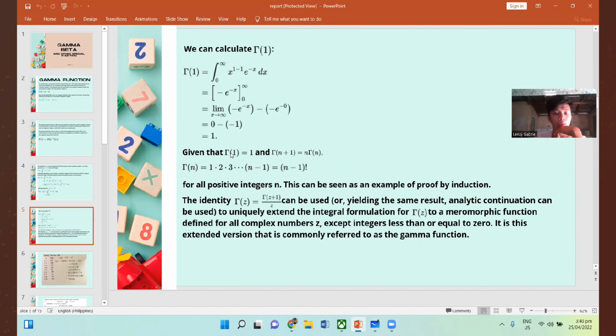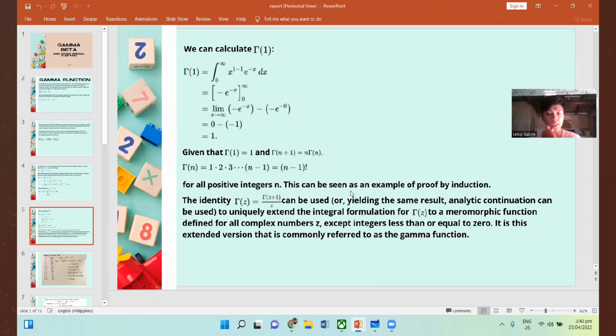So given that gamma of 1 is equal to 1 and gamma of n plus 1 is equal to n gamma n, gamma of n is equal to 1 times 2 times 3 and so on up to n minus 1, which is n minus 1 factorial for all positive integers n.